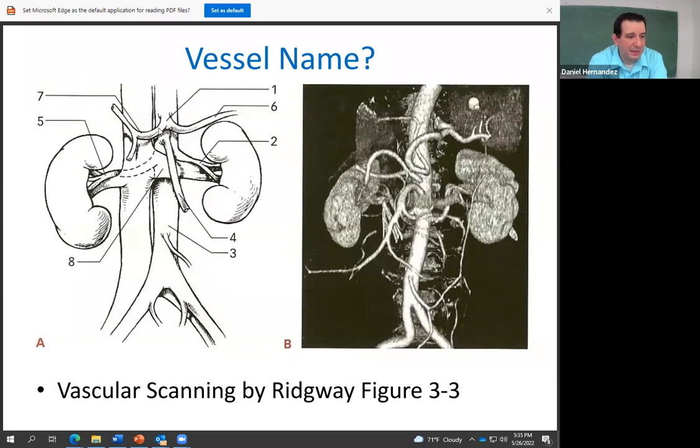Number seven, we said, was our common hepatic artery. Then you could see that common hepatic artery branching into proper hepatic, and then the gastroduodenal artery.